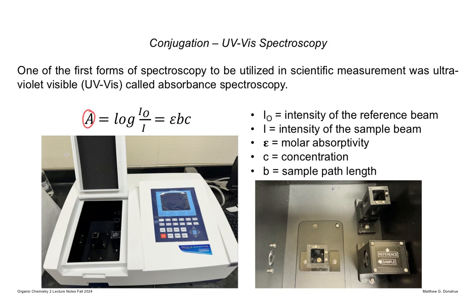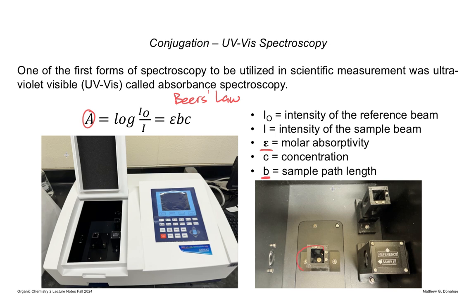This is called Beer's law: A equals epsilon times b times c. Epsilon is called the molar absorptivity, and that's specific to each individual compound. C is the concentration of the solution you make up, and b is the sample length.